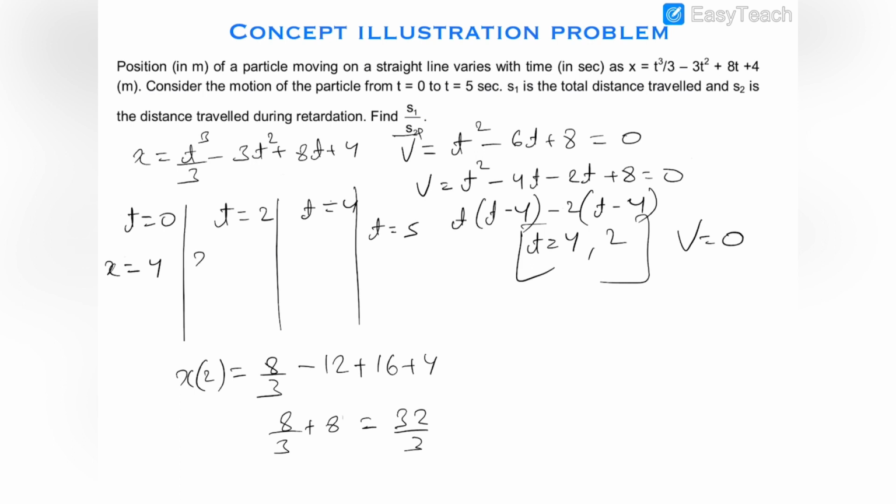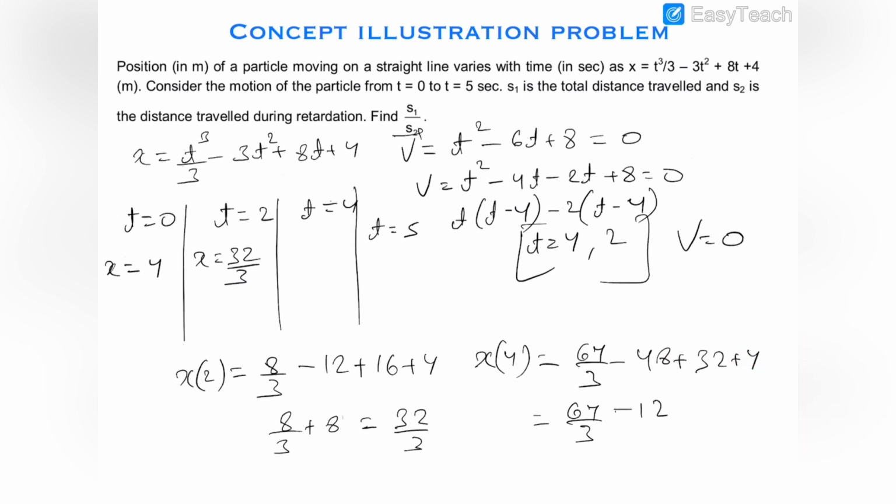Okay, so x is equal to 32 by 3 at t is equal to 2. At t is equal to 4 seconds, x is equal to 64 by 3 minus 48 plus 32 plus 4. So this is 64 by 3 and this is minus 16 plus 4, so minus 12.